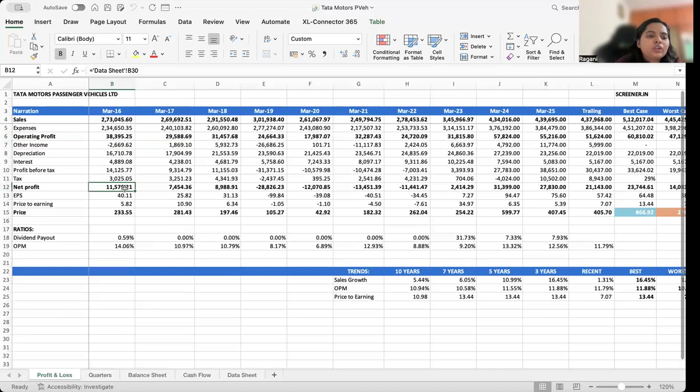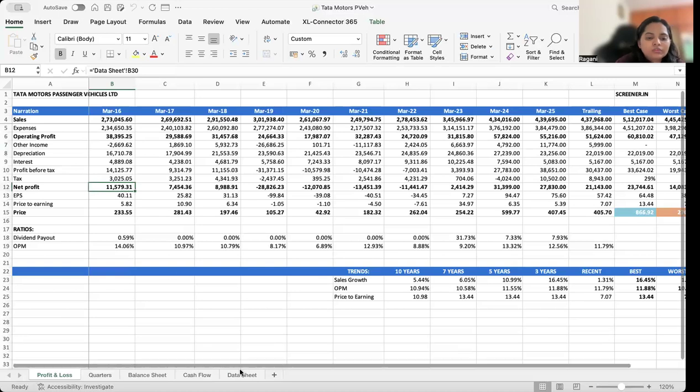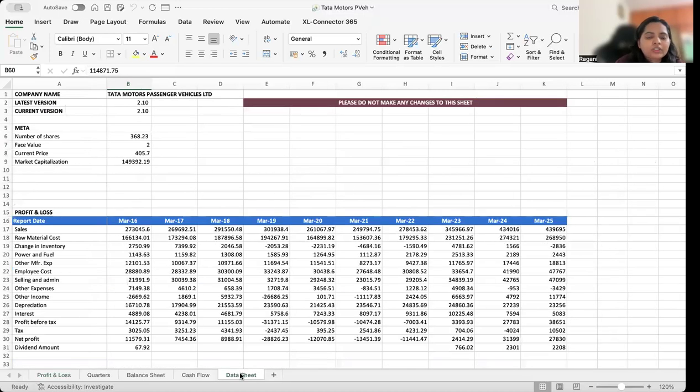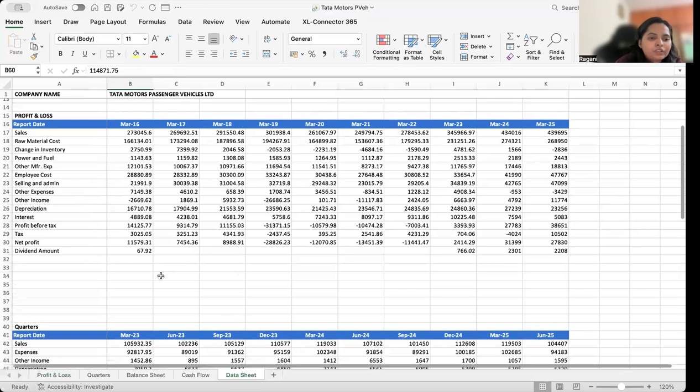Then I talk about the net profits, where I took the data from the data sheets. This is the net profits data.